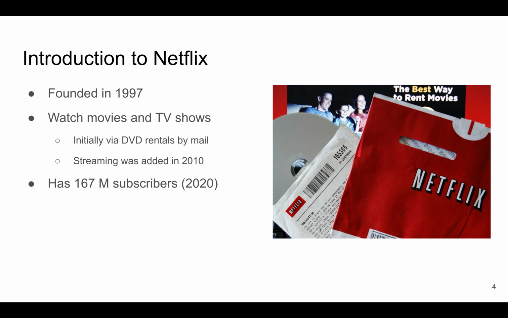For example, there's a very distinctive red envelope that looks like this, and you put the DVD into it, you watch the movie, then you put it back and deposit it in the post box, and then you get another DVD, the next DVD rental.